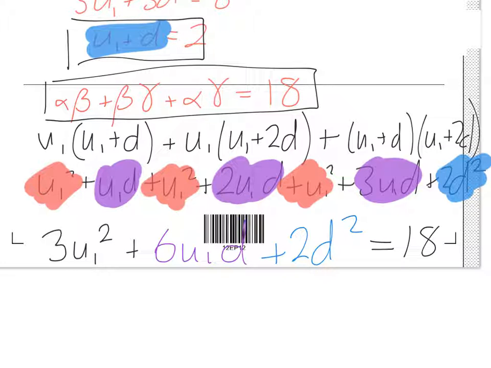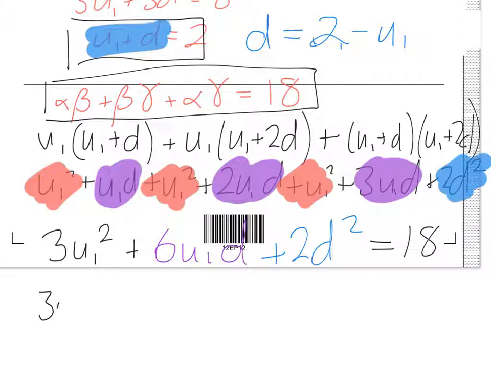So it's a non-linear simultaneous equation. So let's use the fact up here, what's going to be easier to eliminate: d is equal to 2 minus u1. So we're going to eliminate d.